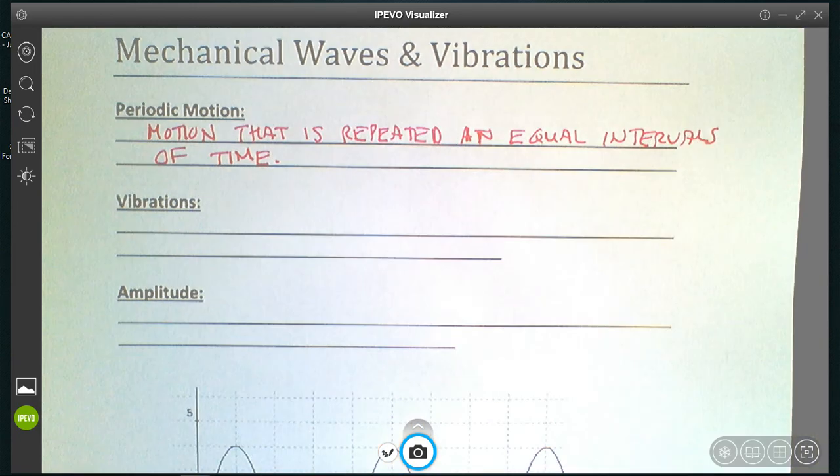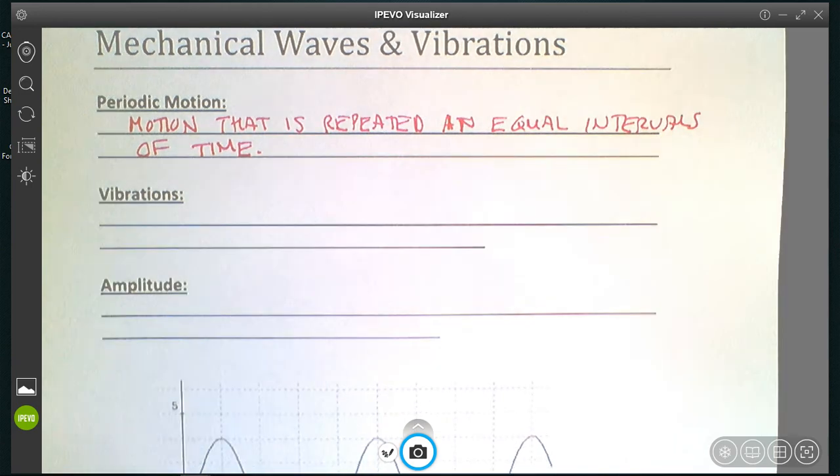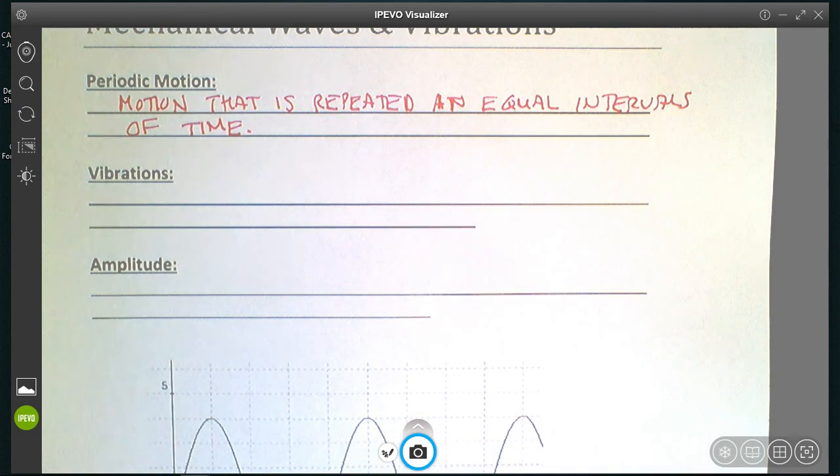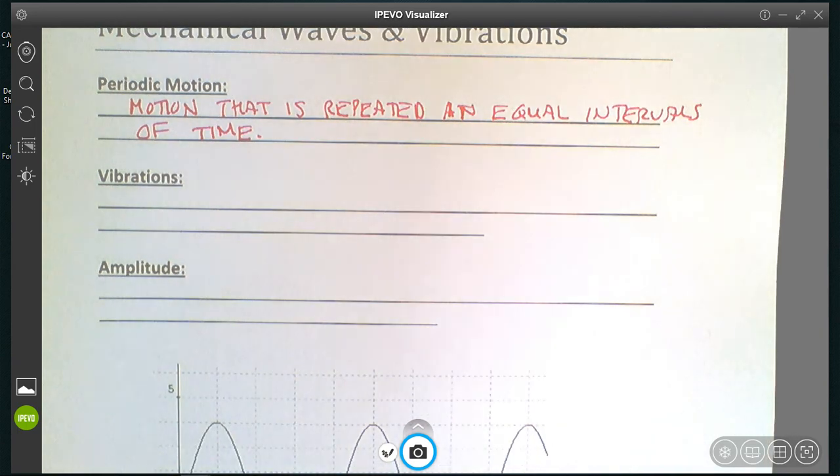So anything that happens as a repeated motion within equal intervals of time is called periodic motion. Some examples of this, even rocking a chair. If you sit in a chair and rock back and forth, you'll repeat the motion at particular intervals of time.